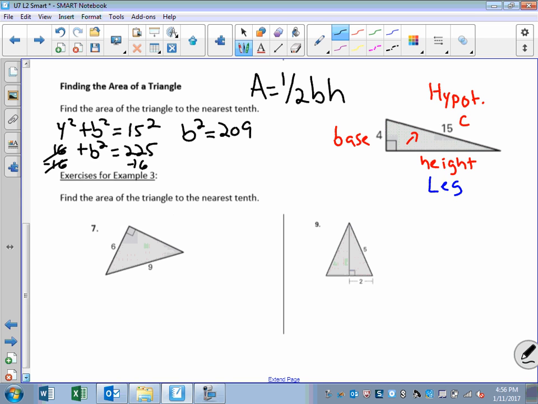Now we know to get b by itself, we're going to have to take the root. So b is equal to the square root of 209. So now we know the height. This leg over here, b, is also our height.